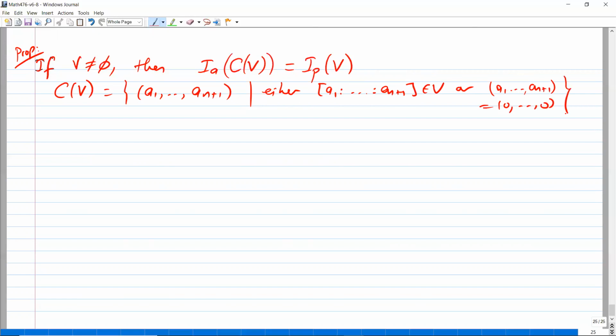Okay, that was it. So let's take a polynomial from this ideal, I(CV). This left-hand side is an ideal.